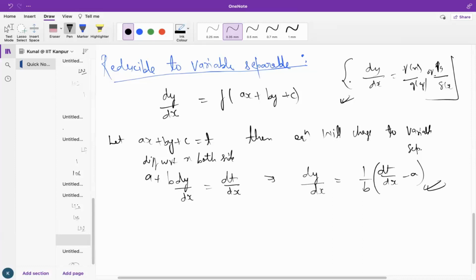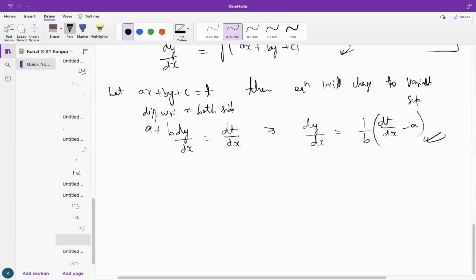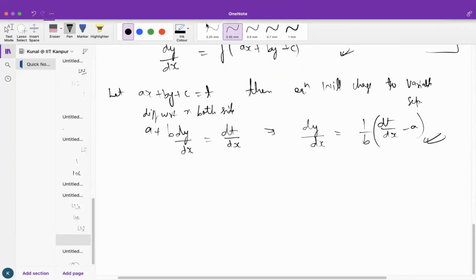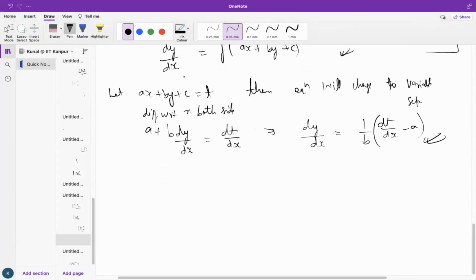So let me show you by some example. Our first example is, question 1, which is dy by dx is equal to x plus y whole square. Look here.